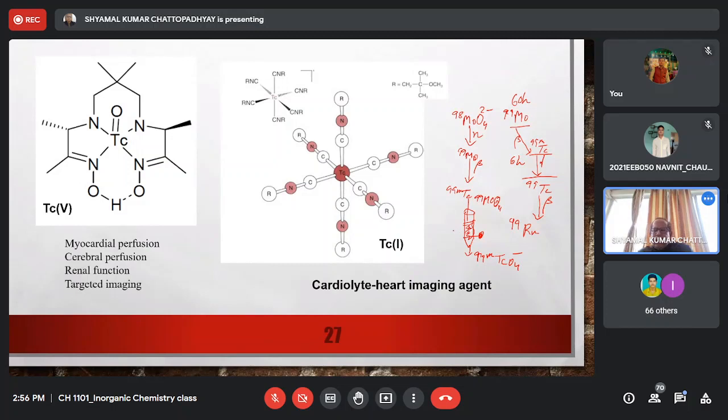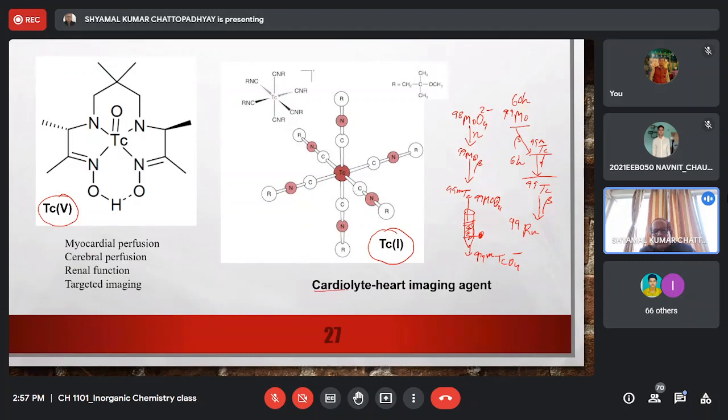Now, technetium compounds have also been formulated, and you can prepare technetium in the +1 state, or compounds of technetium in the +5 state, right? The imaging properties of technetium(I) and technetium(V) are somewhat different. This is an example of a commercial technetium(I) complex, extensively used for heart imaging.